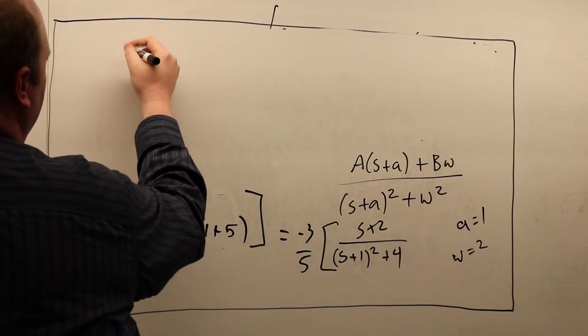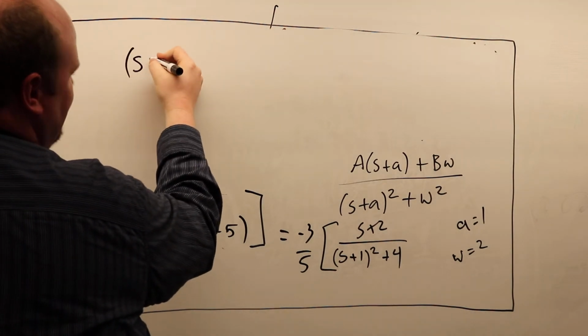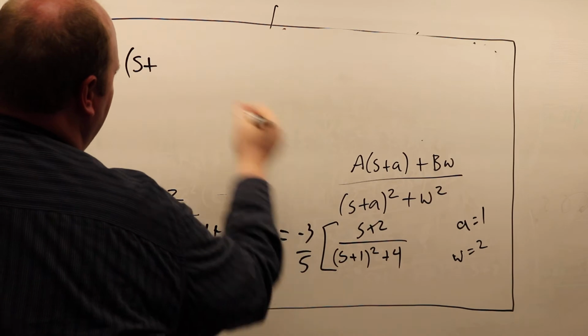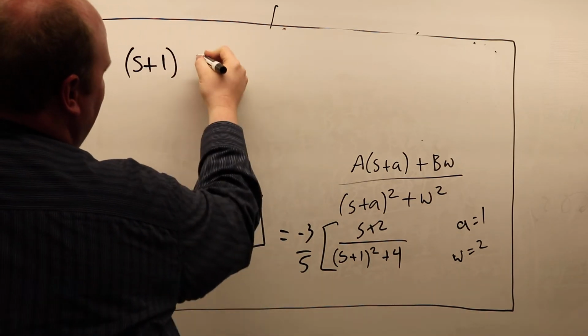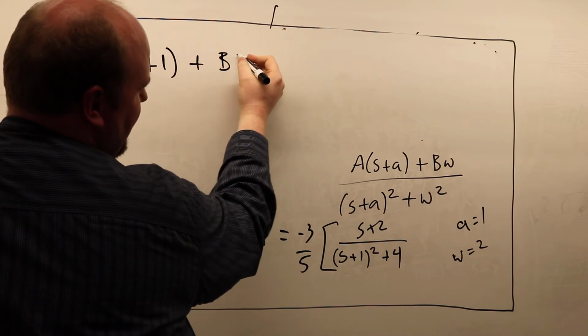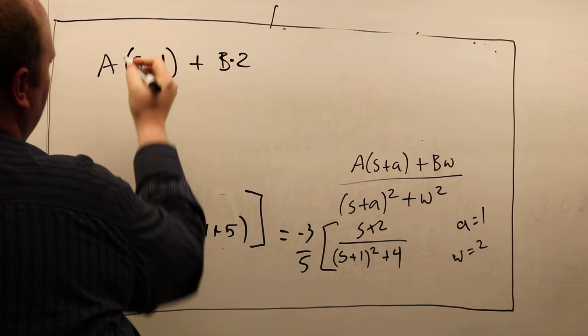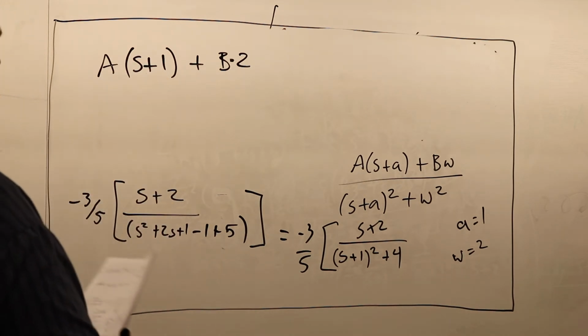So hold on, let's just write what we know in the numerator. So we have to have an s plus a, where a is 1. We have to have b times omega, which is 2. And this guy is a here. Okay. So what do we know?